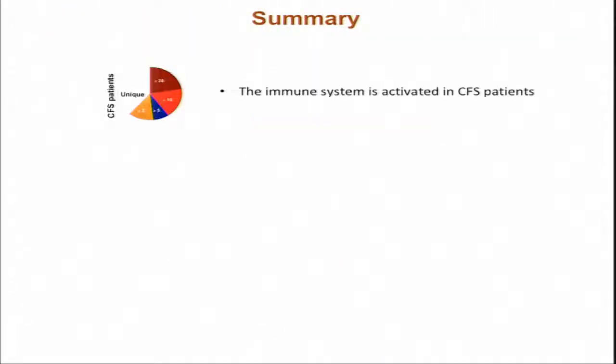In summary of the overall talk, I think there are two main points. The first is that the immune system is activated in CFS, and that this happens only in the event of a specific recognition of an infection.